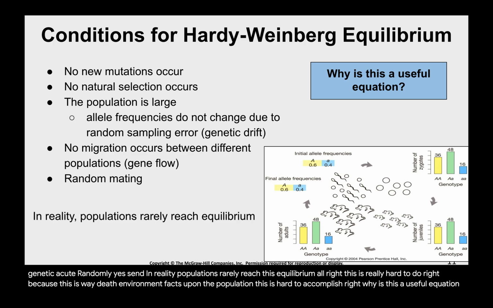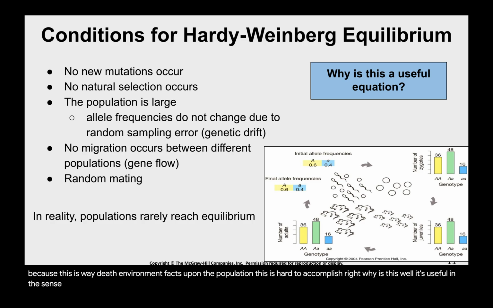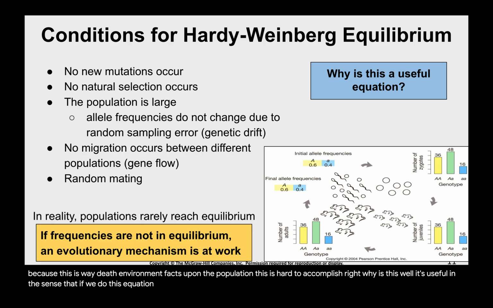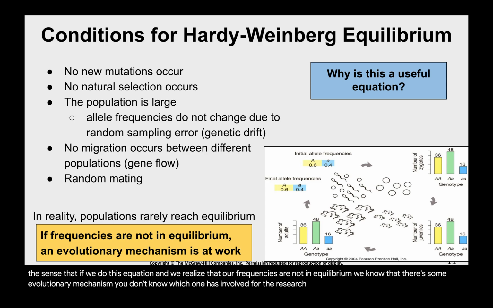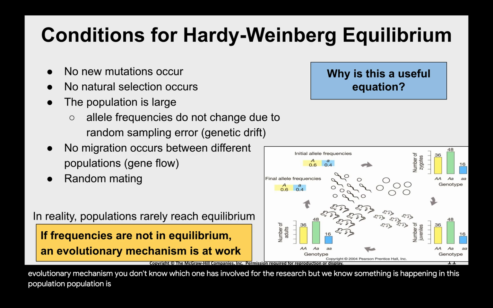Well, if we do this equation and we realize that our frequencies are not in equilibrium, we know that there's some evolutionary mechanism in play. We don't know which one, that would involve further research, but we know something is happening in this population. This population is not stable from generation to generation. There's some genetic variation happening, whether it's due to natural selection, genetic drift, gene flow, what have you.